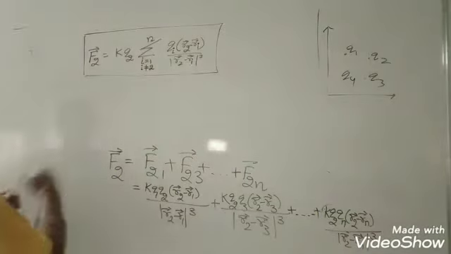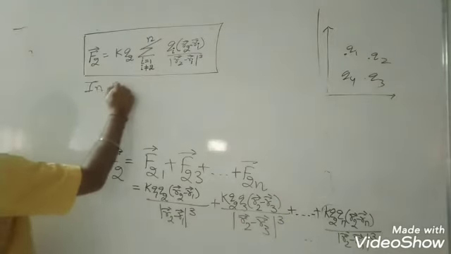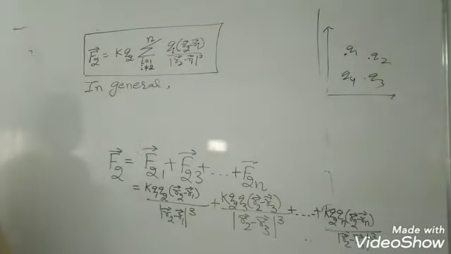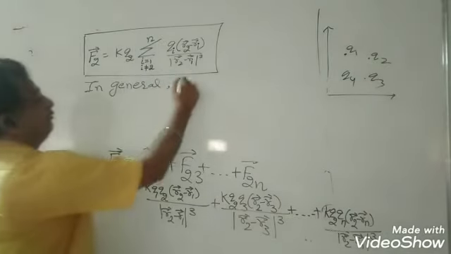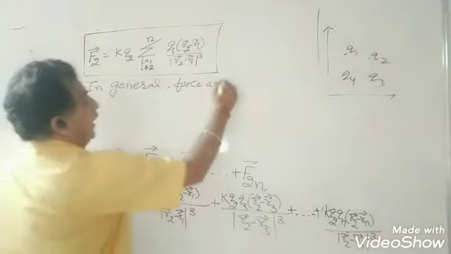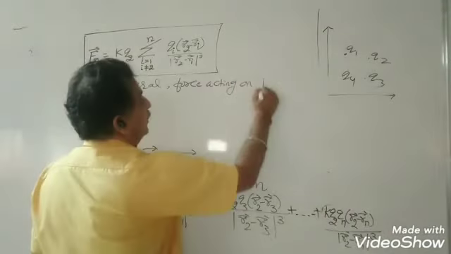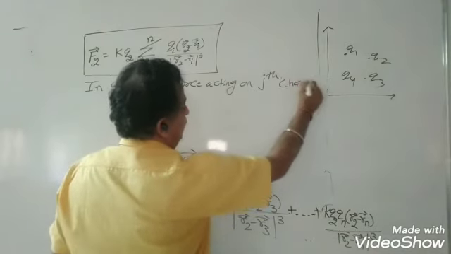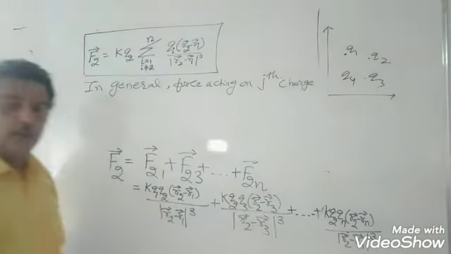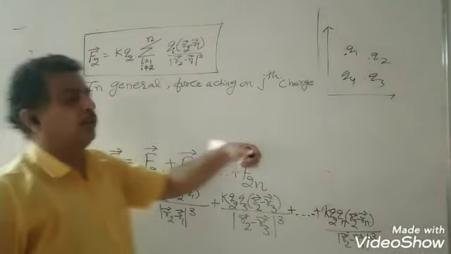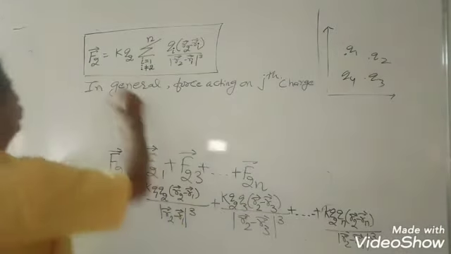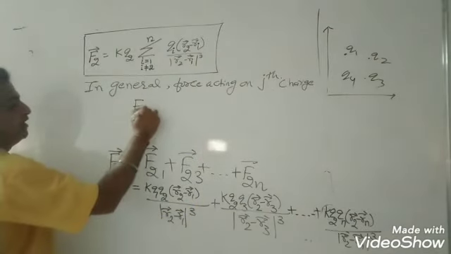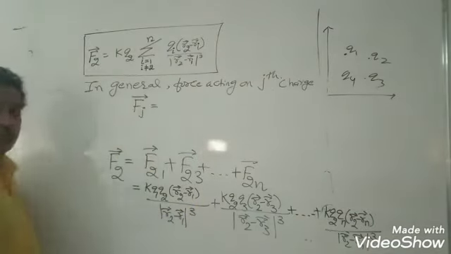So in general, I assign 2 also a symbol J. So in general, if I say find the force acting on jth particle या jth charge, let us name the charge as J. तो अभी 2 पे ढूंढा है, अब क्वेश्चन है कि किसी पे भी ढूंढ सकते हैं. तो अब ये जो 2 है उसका नाम कर दें J. So I will write Fj vector. अब इसको कैसे पढ़ूंगा?